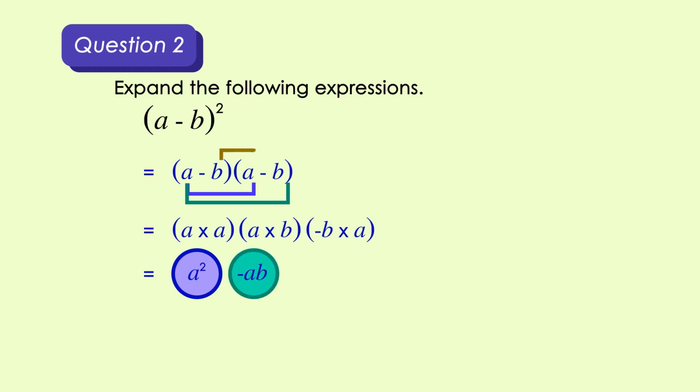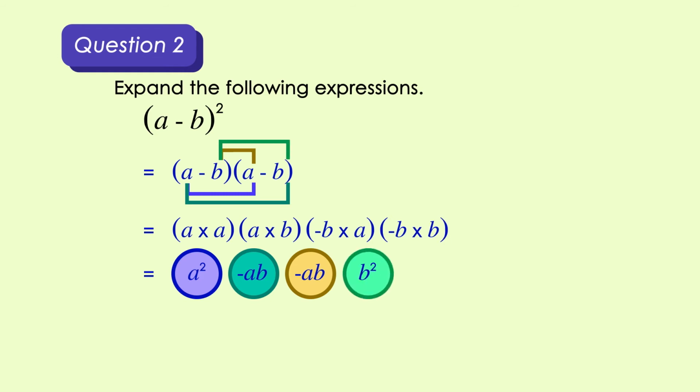Negative b multiplied by a is negative ba, which can be written as negative ab. Okay, please be careful here. Don't make any careless mistake. Negative b times negative b is positive b squared. The next step is to solve our like terms, and our answer is a squared minus 2ab plus b squared.